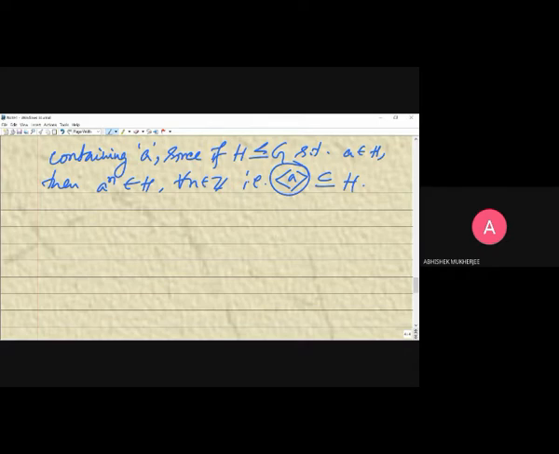So how to generate it? What is the idea behind this construction?